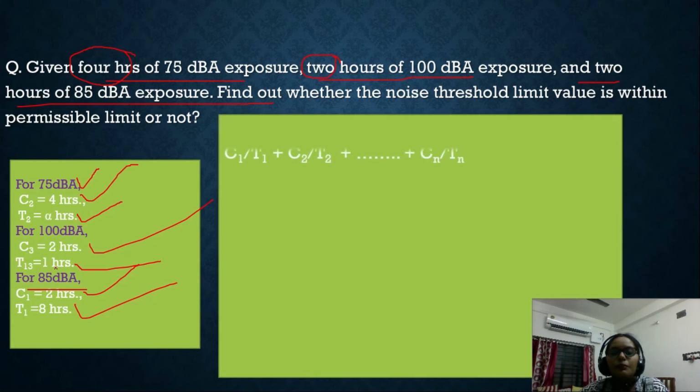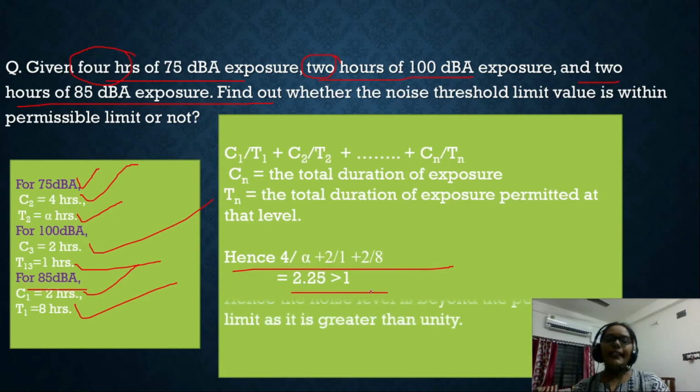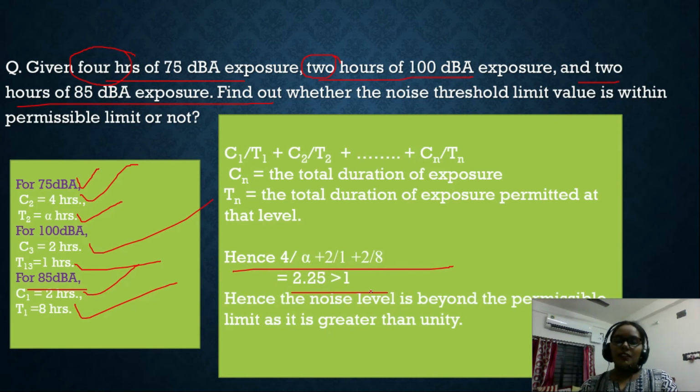Now again we have to use this equation, C1 by T1 plus C2 by T2 plus dot dot dot Cn by Tn. You all know what Cn and Tn are. Hence, 4 by infinite plus 2 by 1 plus 2 by 8. The summation will be 2.25, which is greater than 1. So obviously the noise level is beyond the permissible limit, as it is greater than unity.